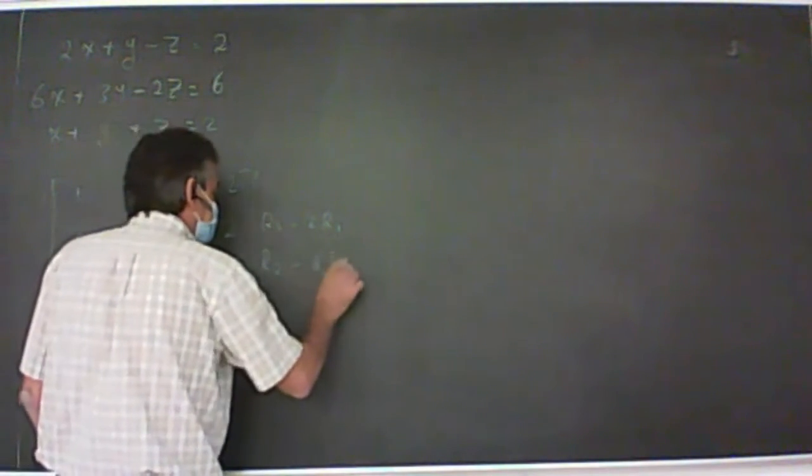And first I want to make these two zeros. So here I'm going to say this minus twice that, so it'll be R2 minus 2R1. And this is going to be this minus 6 that, right? Let's say R3 minus 6R1.